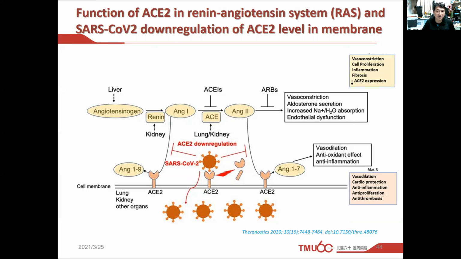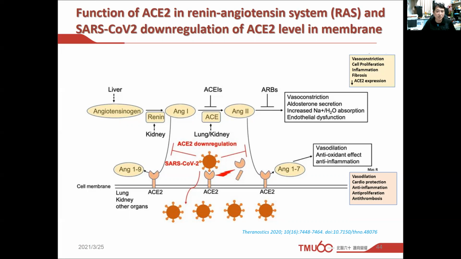Angiotensin 1 will be converted by ACE into angiotensin 2, and these two will bind to the type 1 receptor. They are converted by the angiotensin converting enzyme ACE2, and this 1-9 will bind to another different receptor, which can help vasodilation, with an antioxidant effect and anti-inflammatory effect.